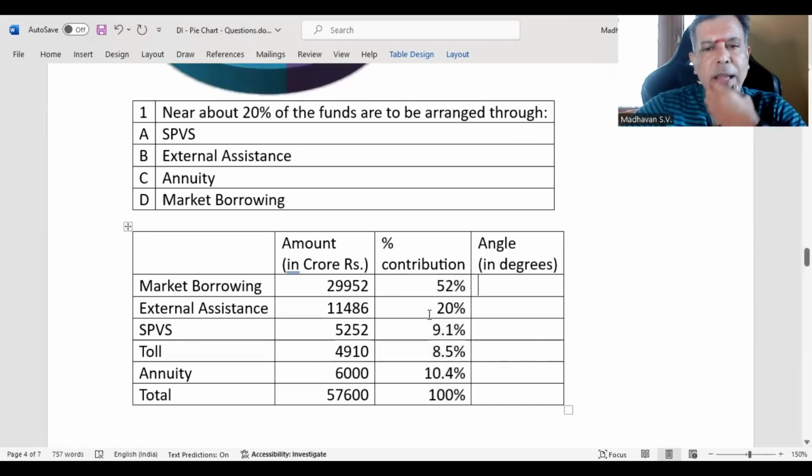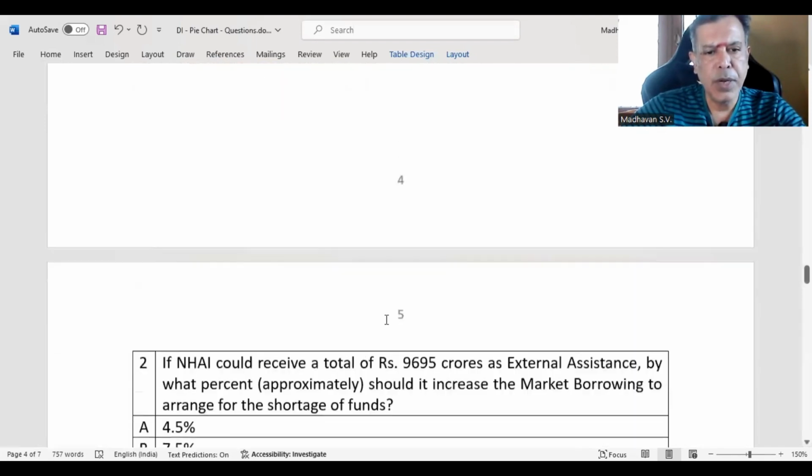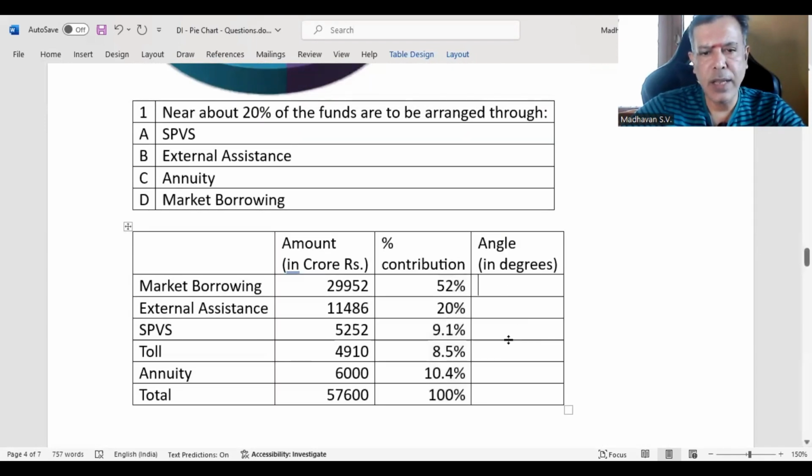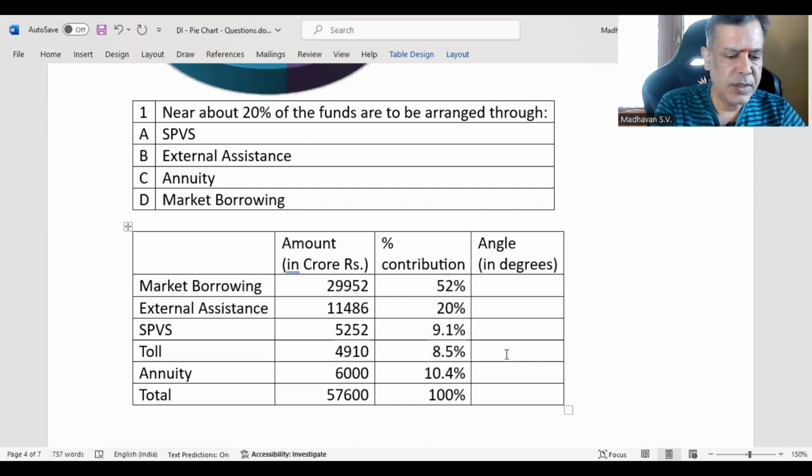We'll also calculate the angle in degrees because subsequently one of the questions is asking for the angle. 29,952 divided by 57,600 multiplied by 360. We get 187.2 degrees. Then 11,486 divided by 57,600 into 360, you will get 71.8 degrees.